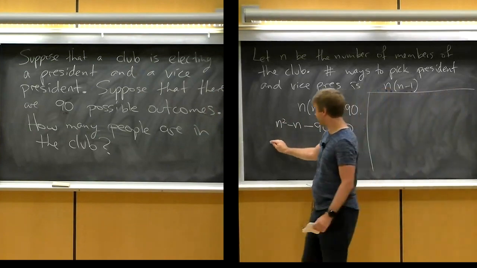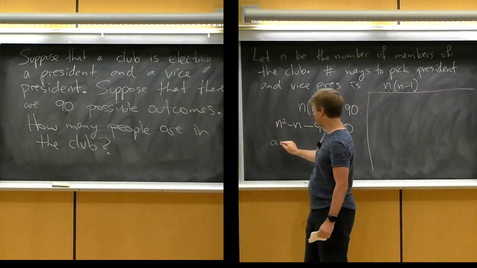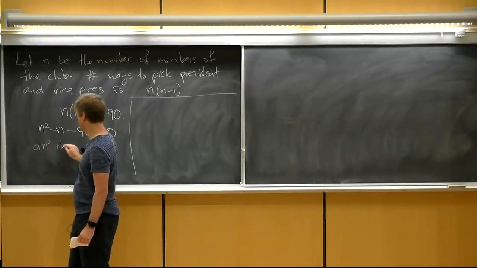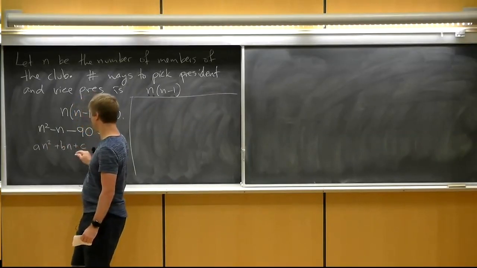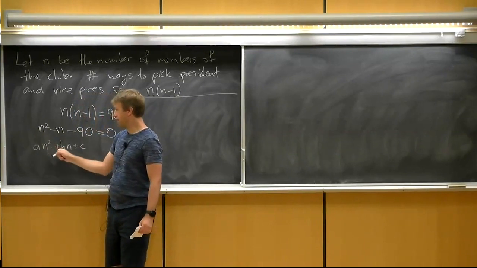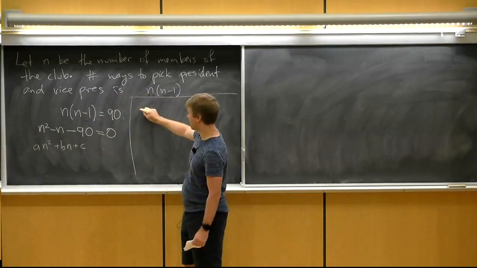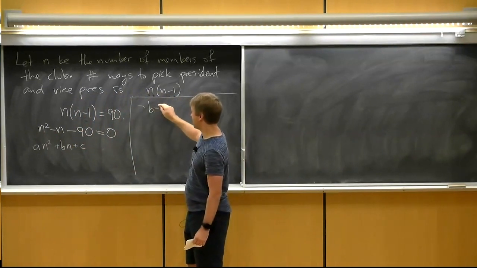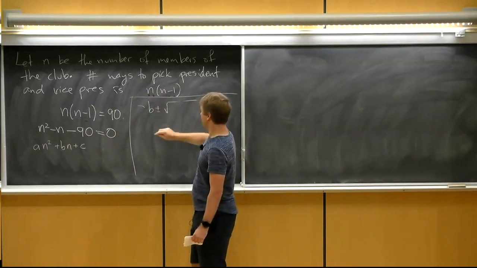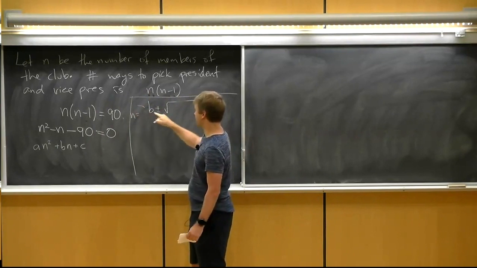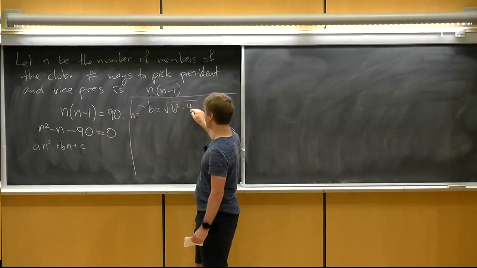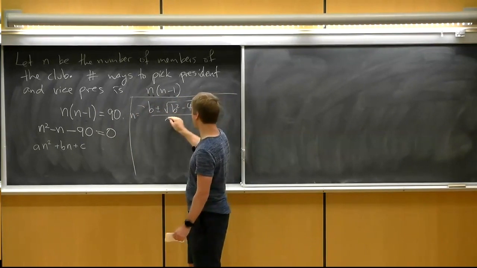So if A is 1, B is negative 1, C is negative 90, right? The quadratic formula should be minus B plus minus. So n should be minus B plus minus square root of B squared minus 4AC over 2A, right?